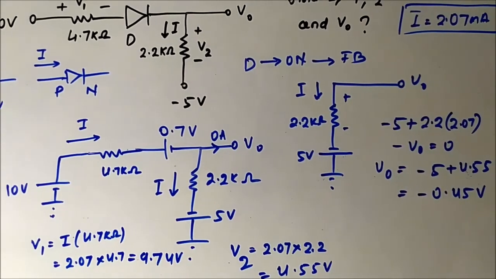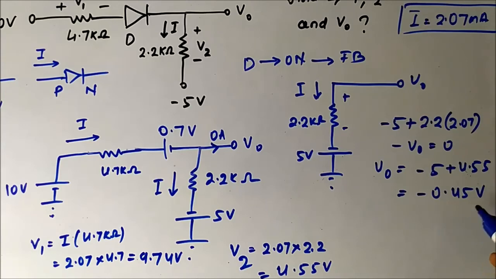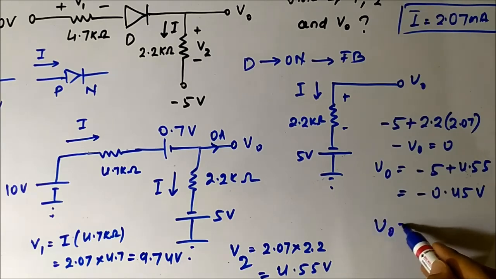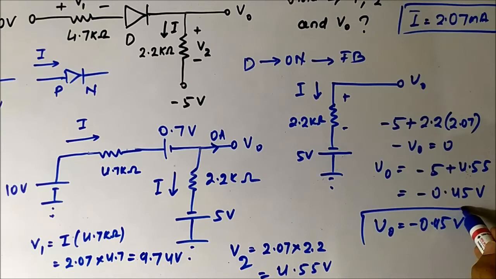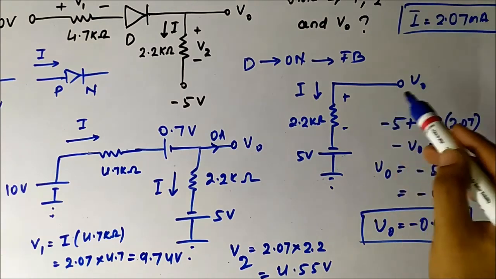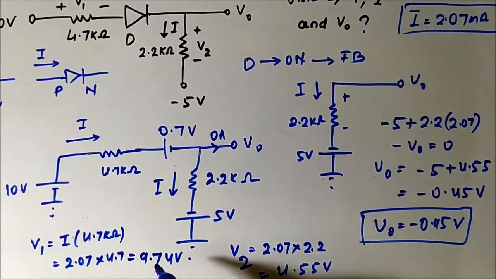Okay, V0 is equal to minus 0.45 volt. So this was the entire thing. So we got I 2.07 milliampere, we have got V1 9.74 volt, and we have got V2 4.55 volt, and we have got V0 minus 0.45 volt.